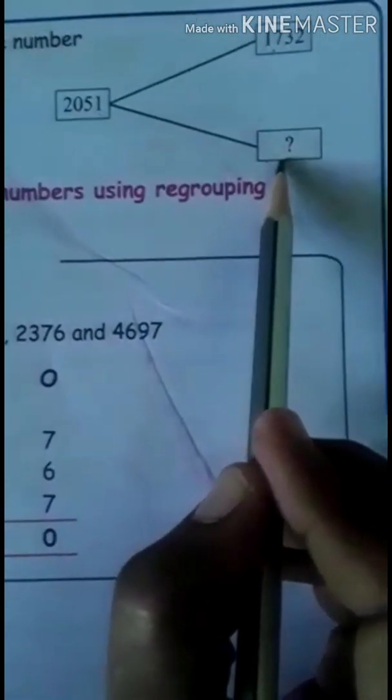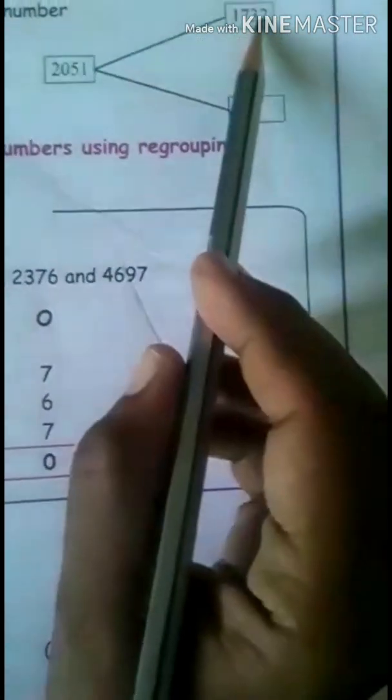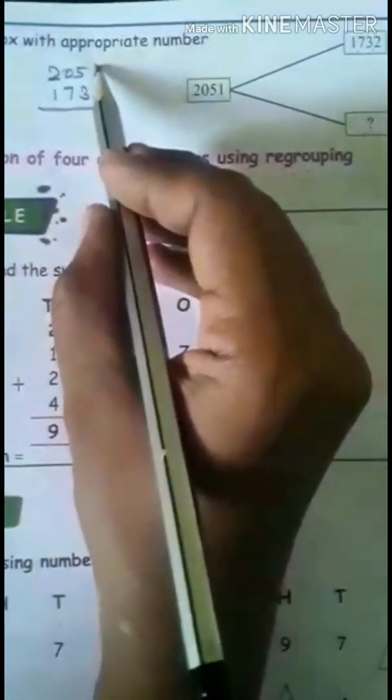So this answer we want to find out. How do we find out? Yes, from this number, if we subtract this number, we can get this answer. So 2051, 1732. We have to subtract from this number.